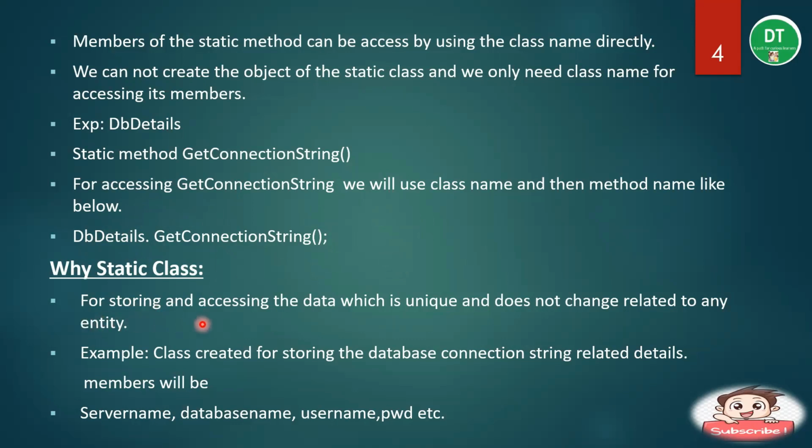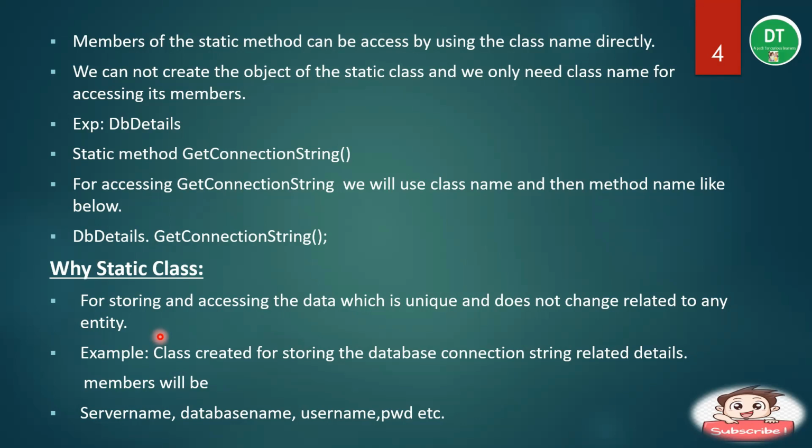So the next question that comes to mind is, why do we need a static class? For storing and accessing data which is unique and does not change related to any entity. Entity means any real-time entity. Suppose I have a class of student. For different students, the data will be different. In that case, we use regular classes, and for each object, meaning each entity, the data is different, like the roll number and name of the student.